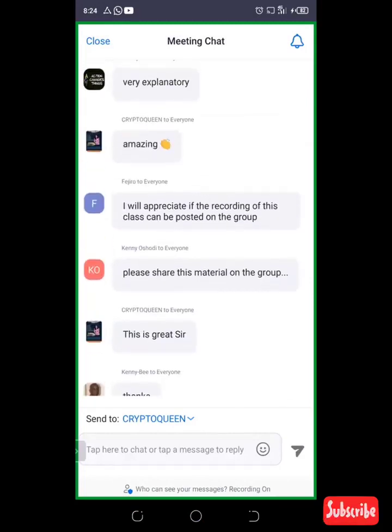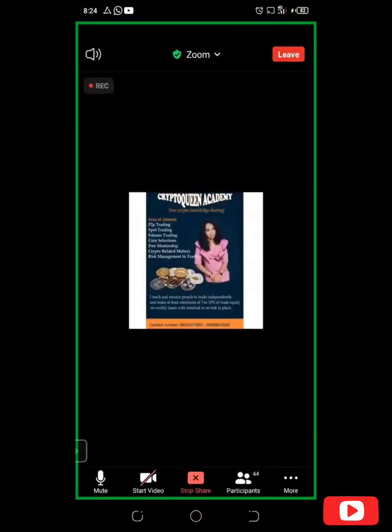Please, can you take us through the chart pattern? I don't know how you can manage the time so that on or before 9 we could switch to the next topic. I would like us to leave the chart pattern for the next session, so we can go and identify these candles on the live chart, the ones we've talked about.